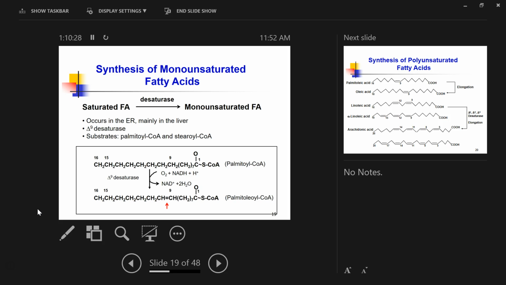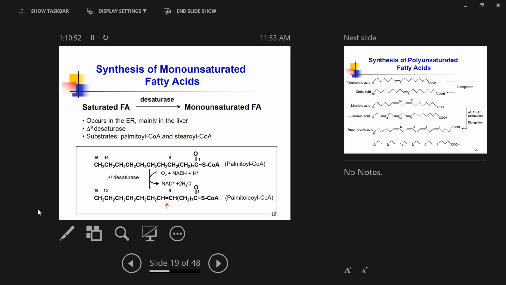And here, just to give you one example, the saturated palmitate can be converted to palmitoleoyl-CoA, which has 1 double bond at the delta 9 position. It's catalyzed by an enzyme called delta 9 desaturase.